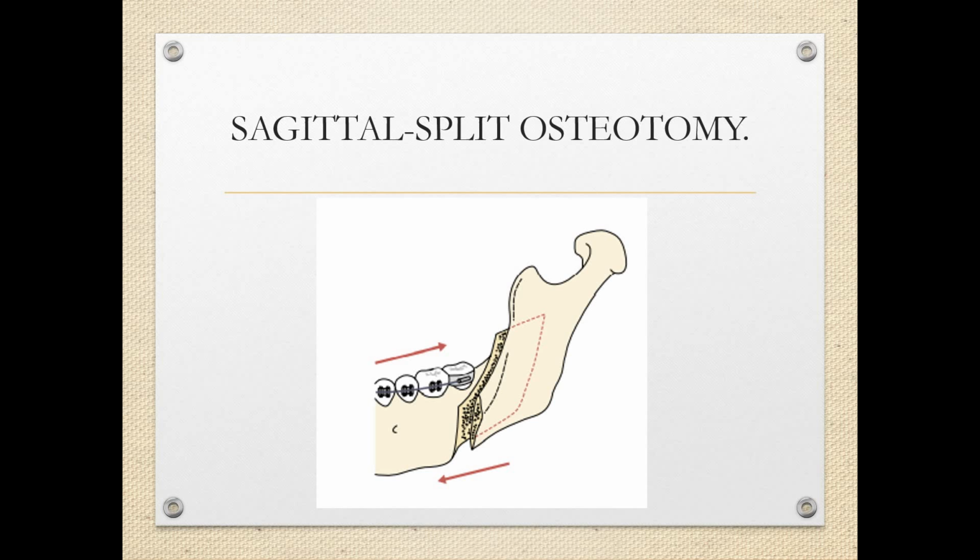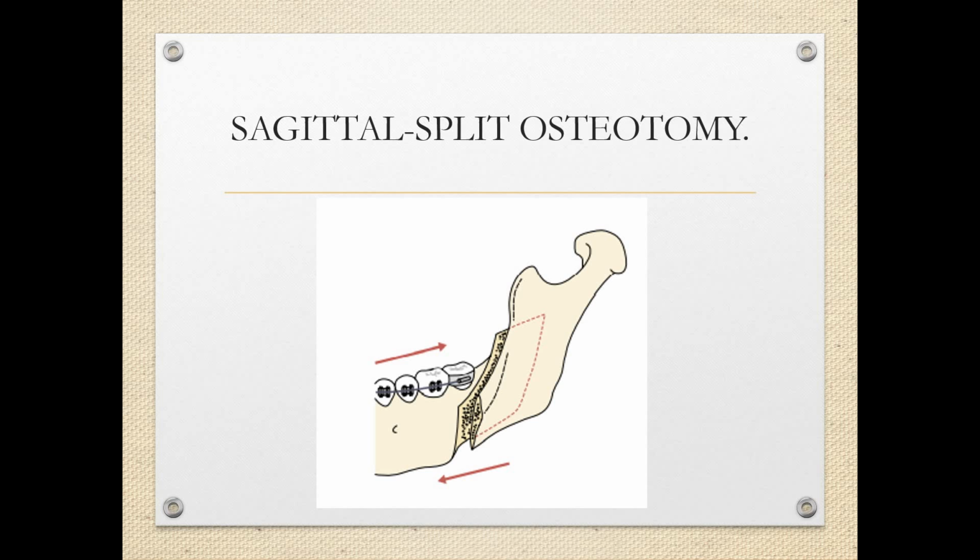Sagittal split osteotomy. The bilateral sagittal split osteotomy, or BSSO, is used to move the mandible forward or backwards in the treatment of retrognathia, prognathia, or asymmetry. A medially positioned cut is placed into cortical bone of the ramus just above the lingula, whilst a laterally placed cut is fashioned through cortical bone of the body in the region of the molar dentition.